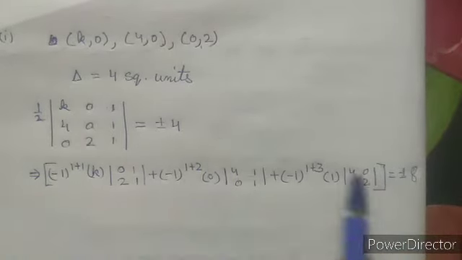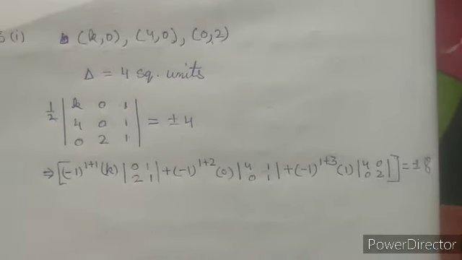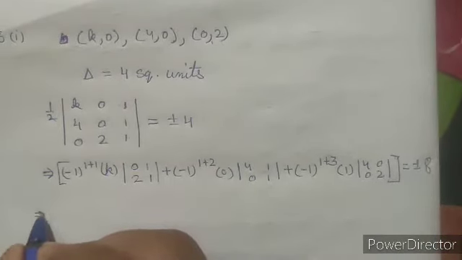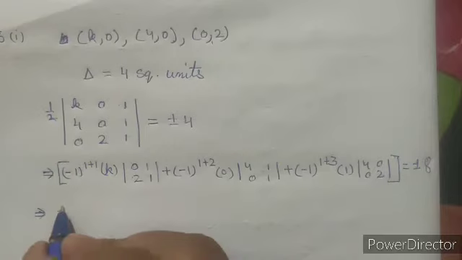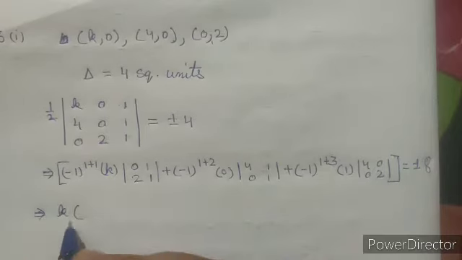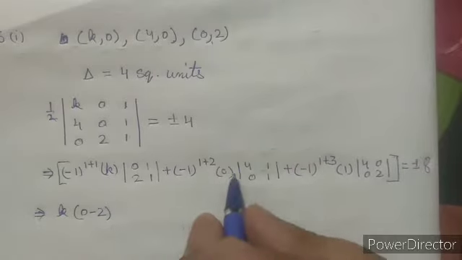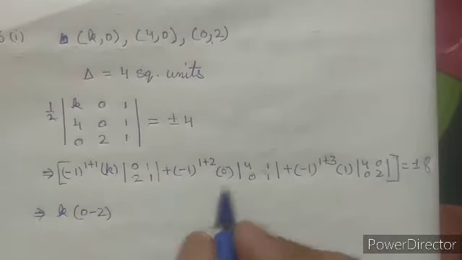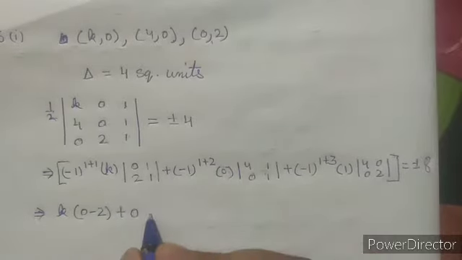Now this 2 into 4 will give us 8. Now that will be k into (0 minus 2). Now the second part will be multiplied by 0, so this whole will give us 0.